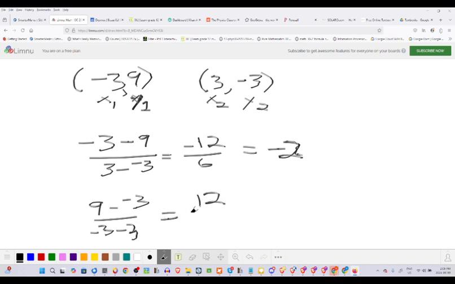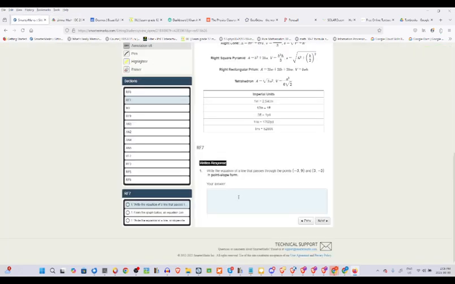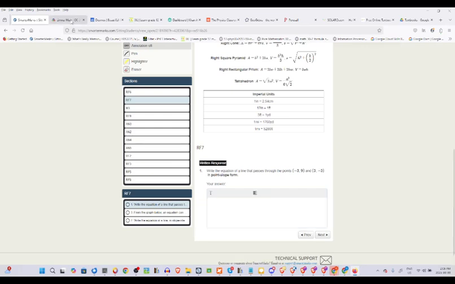That would be a positive 12 over negative 6, still a negative 2. Having the points the other way around just flips the signs of both the numerator and the denominator, which cancels everything out. Regardless, the important thing is that our slope is negative 2.